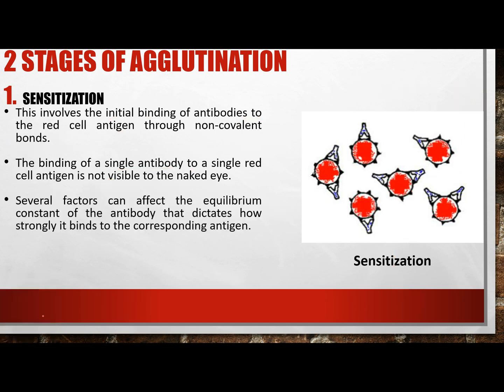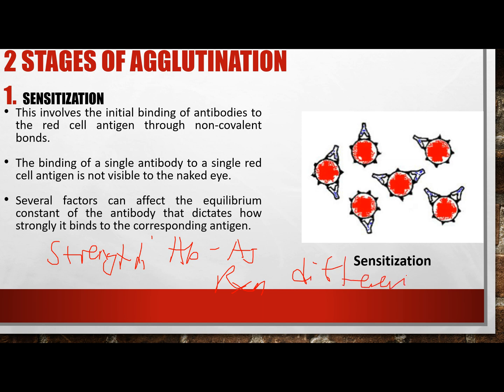Several factors can affect the equilibrium constant of the antibody, which dictates how strongly it binds to the corresponding antigen. To simplify this statement, the strength of the antibody-antigen reaction is affected by different factors, which we will discuss in the next slide.